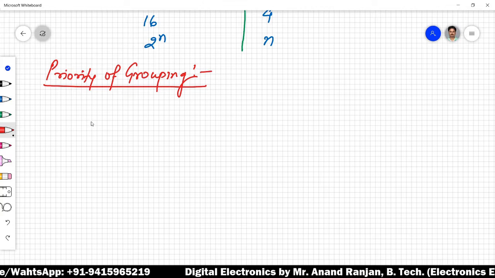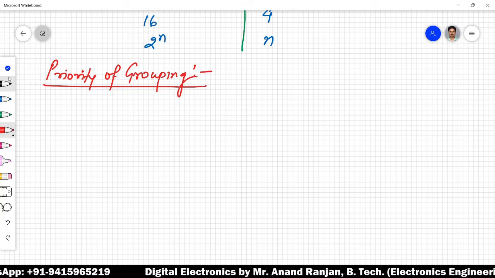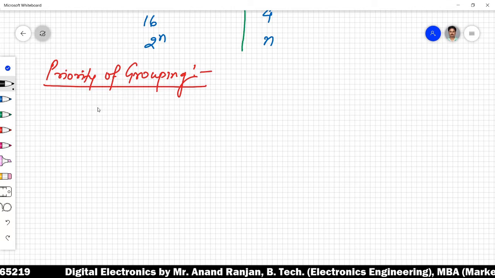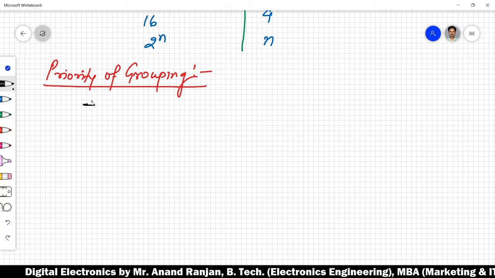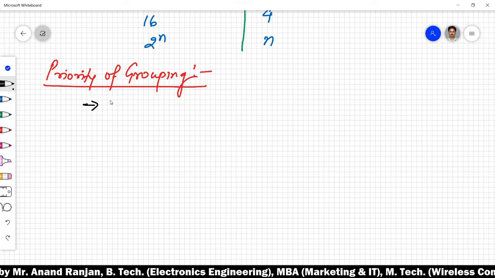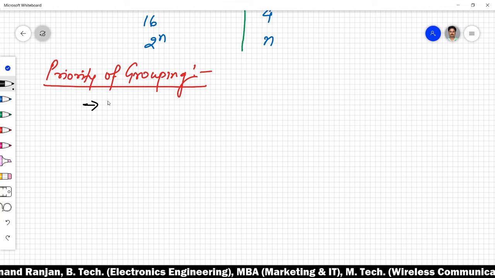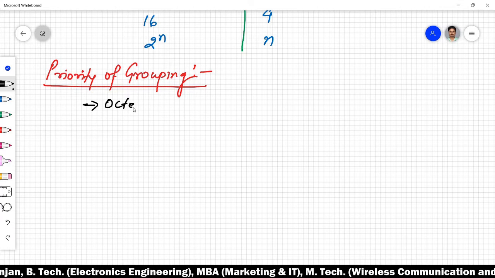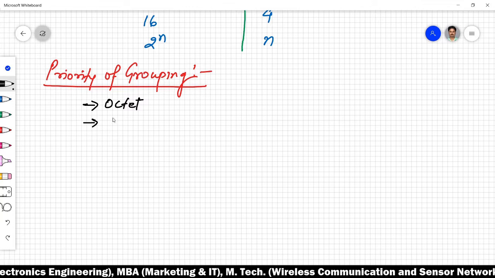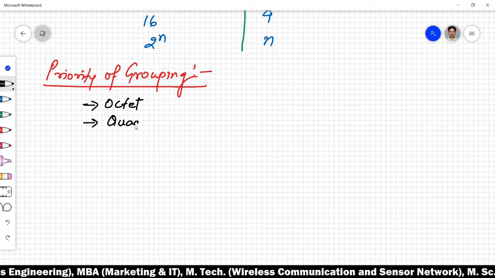Priority of grouping. First of all, our prime motive is to look for the biggest group. Depending upon the number of variables, we will first look whether we are able to make a group of octet or not. If it is not there, then we will go for quad grouping.